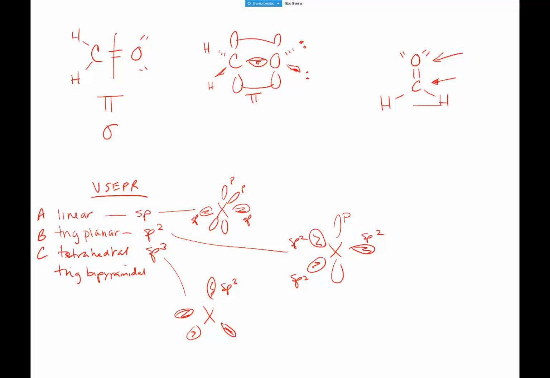You said to treat double and triple bonds as one? Yes, we're always treating double and triple bonds as one.